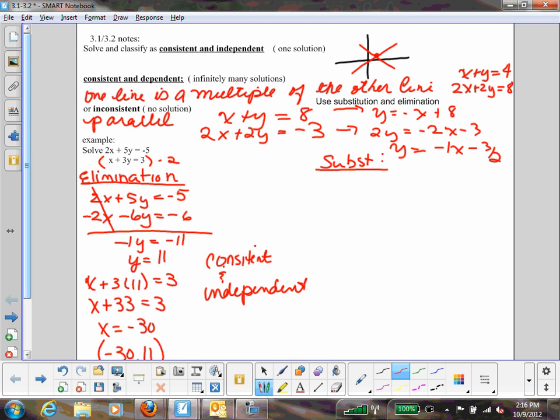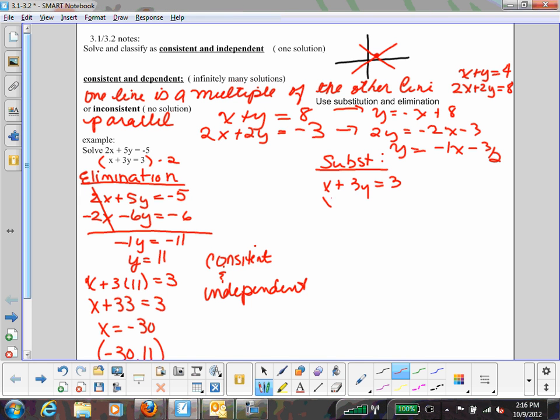Which variable would be the easiest one to solve for? X. Sure, I'm going to take this x plus 3y equals 3, and I'm going to let x equal negative 3y plus 3, yes? Does that make sense?